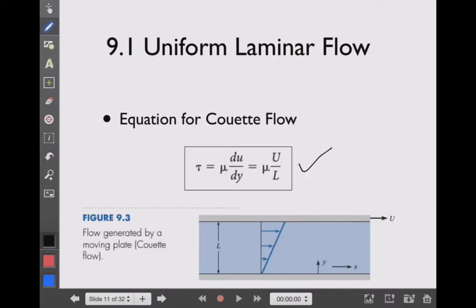So from the boundary conditions, we get that du over dy equals U over L. And we have a uniform linear velocity profile for Couette flow. So in uniform laminar flow, when we have one moving plate over a stationary plate, we have a very simple equation. As long as we know the fluid properties here and the thickness of the fluid, we have a very easy equation to estimate the shear stress.